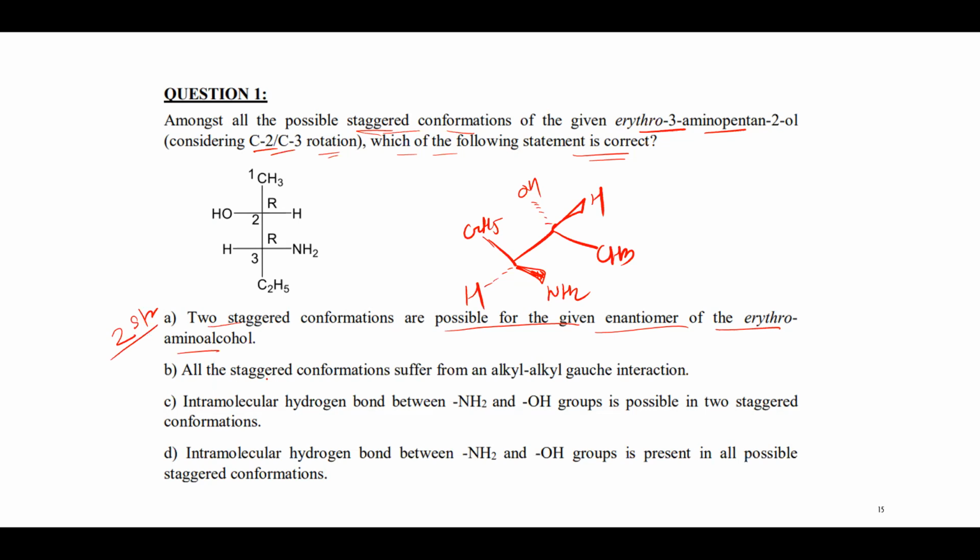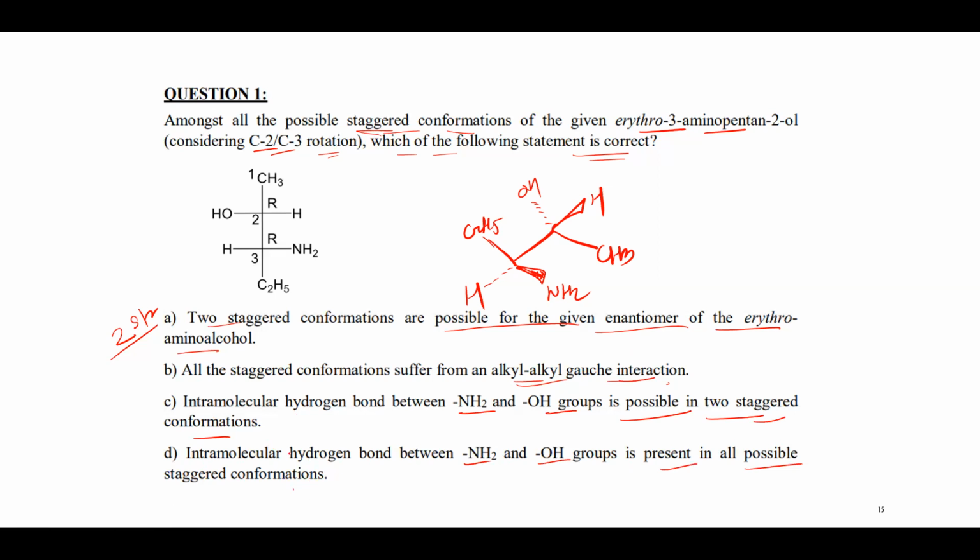Next one is that all the staggered conformations suffer from alkyl-alkyl gauche interaction. The third option is that intramolecular hydrogen bonding between NH2 and OH group is possible in two staggered conformations. And the last option is that intramolecular hydrogen bonding between OH and NH2 groups is present in all the possible staggered conformations.